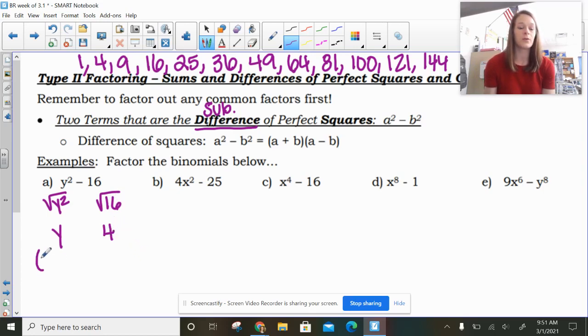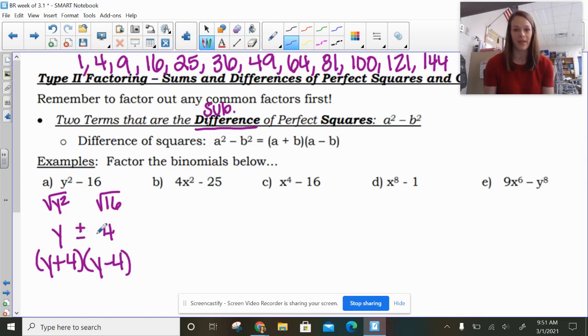So this will be 2 parentheses: you'll have y plus 4 and y minus 4. Basically, the reason behind the plus and the minus is that when you take the square root of anything, it can be a plus or a minus of that number. So that's your number 1.